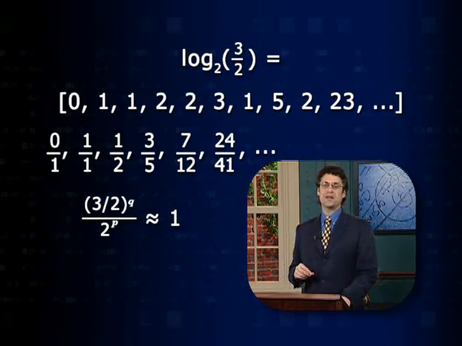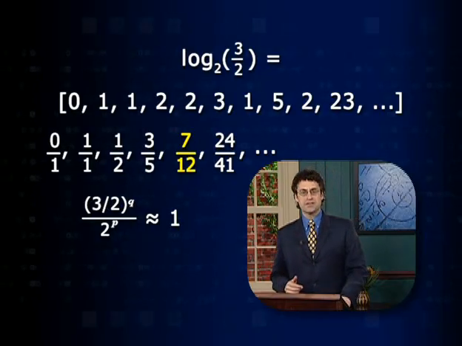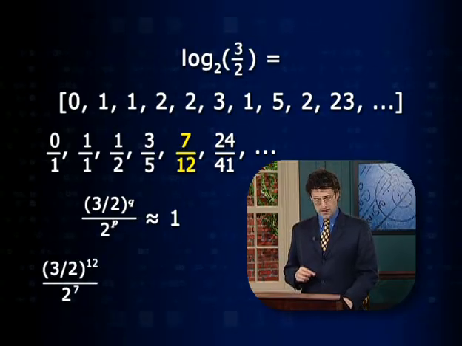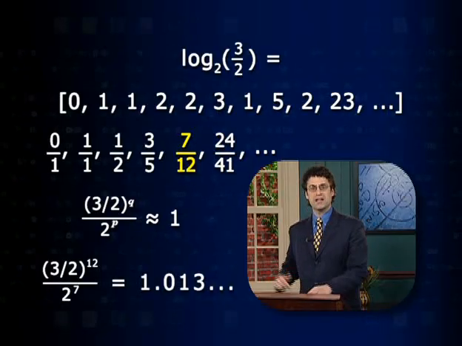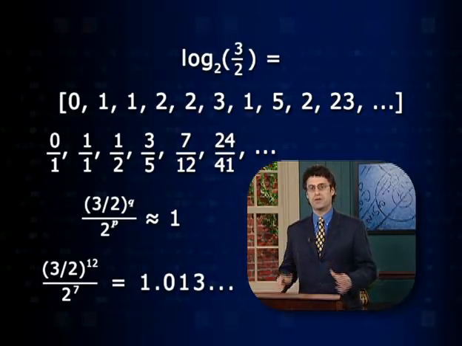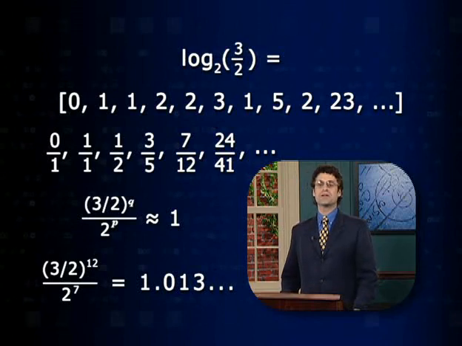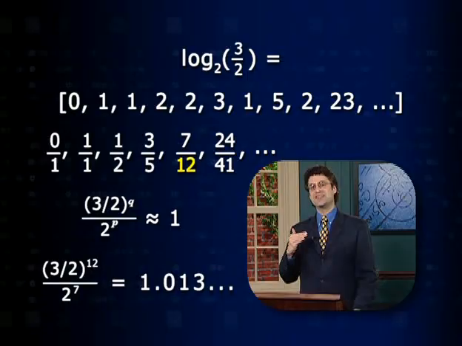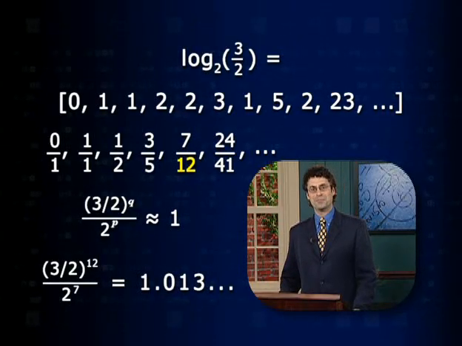Well, if we consider the approximation 7/12, then we can use a calculator to discover that (3/2)^12 divided by 2^7 equals 1.013 and so forth, which is indeed very close to 1. So a 12-note chromatic scale would bring us very nearly to our starting note, but one octave higher. And that 12 in the denominator of the best approximation is the same 12 that gives us the 12-note scale.